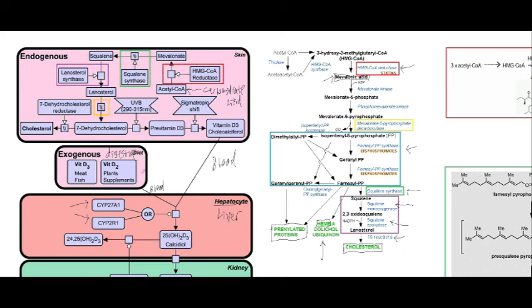Just to review, we started with our acetyl-CoA and our acetoacetyl-CoA. We generated through HMG-CoA synthase our HMG-CoA. Then our HMG-CoA reductase formed our mevalonate or mevalonic acid. We had two steps here that just successively added phosphates, so it generated 5-phosphate and 5-pyrophosphate. Then we decarboxylated.